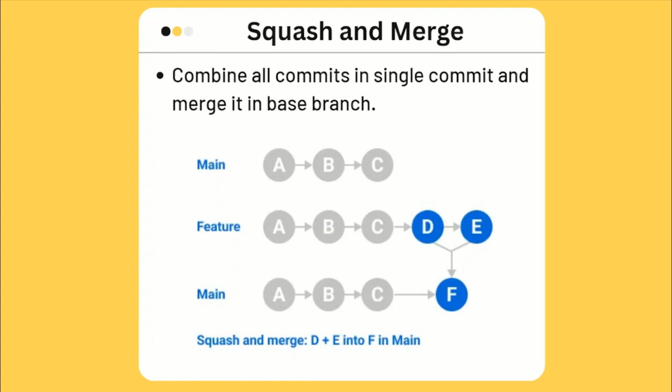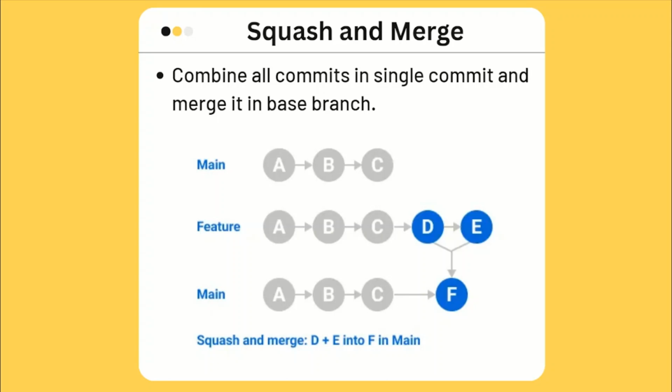This functionality is called squash and merge. Whenever we are creating a feature and you want all the feature-related functionality to have only a single commit, with no additional commits required, then you can use squash and merge.